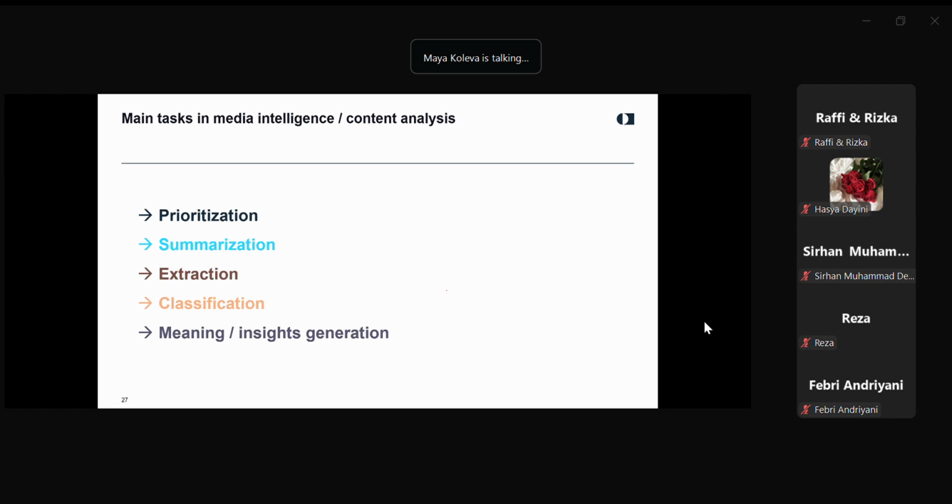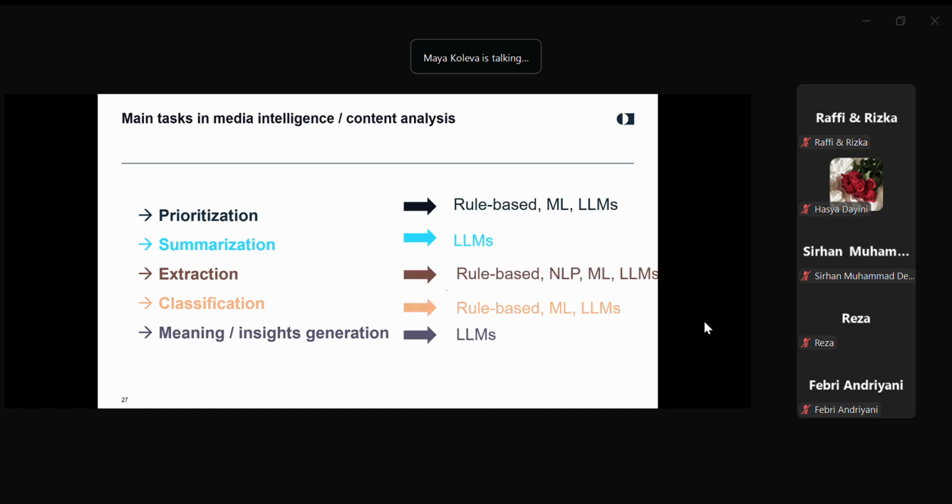Now, there's so much optimization, be it with rule-based models, with classic machine learning models, or with new large language models that help us classify content by sentiment, by topic of conversation, by different aspects we want to break down what we are analyzing. And finally, meaning and insights generation. Large language models do show very good results already in providing meaning and insights generation.